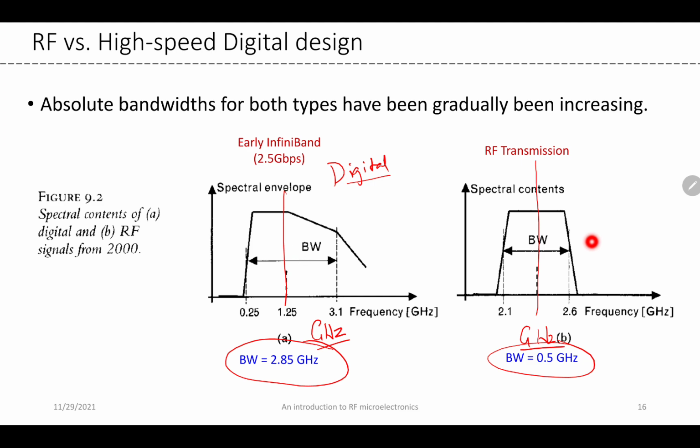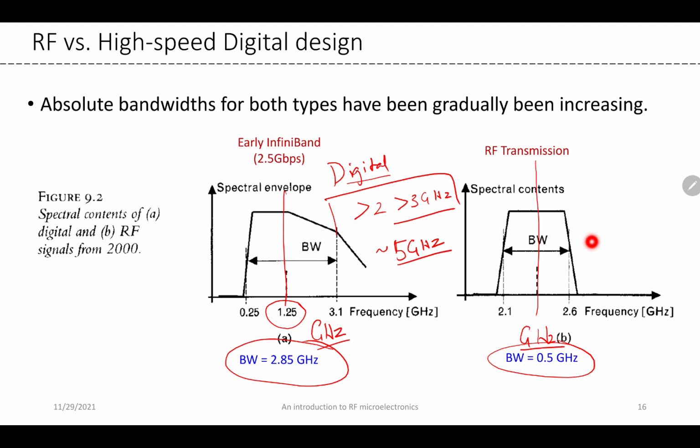And as we move on, this is still a bit old. The newer systems would work on greater than 2 or greater than 3 gigahertz, right? And modern processors touch almost 5 gigahertz. So we have been going up in terms of bandwidths and in terms of the center frequencies as well.